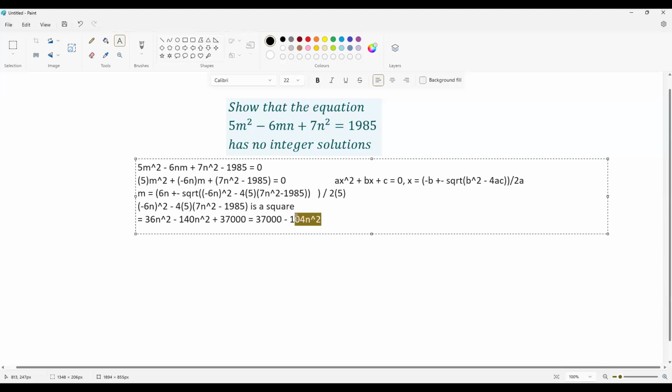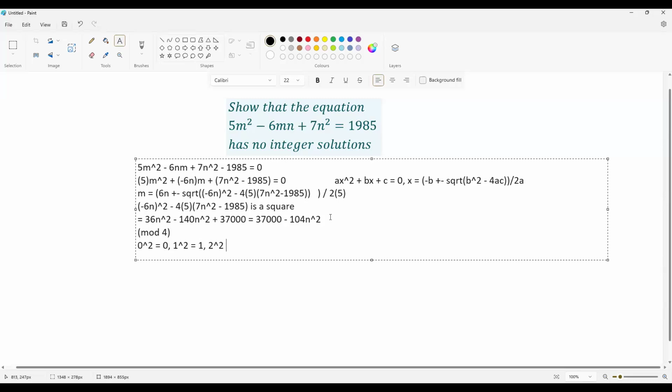So let's pick a mod that removes the variable, because this is quite hard to deal with. So I'm going to pick a factor of 104. Let's say we look at the expression in mod 4. 0 squared is congruent to 0 mod 4, 1 squared congruent to 1, 2 squared congruent to 0, 3 squared congruent to 1.